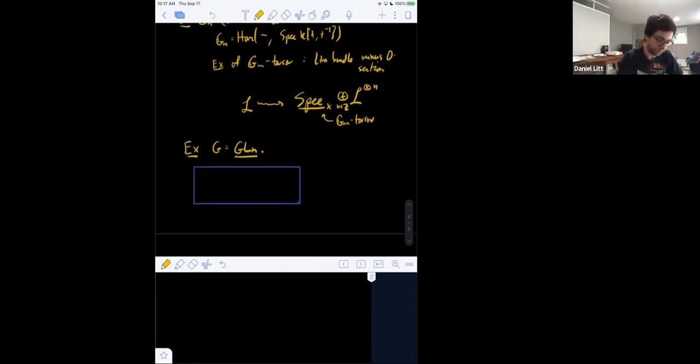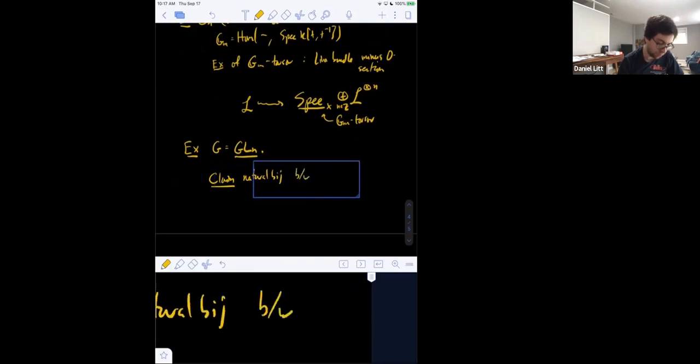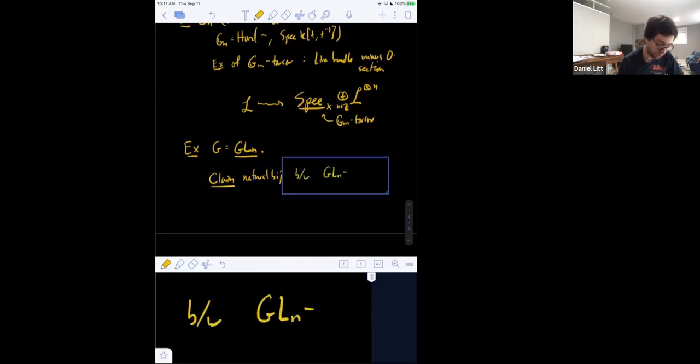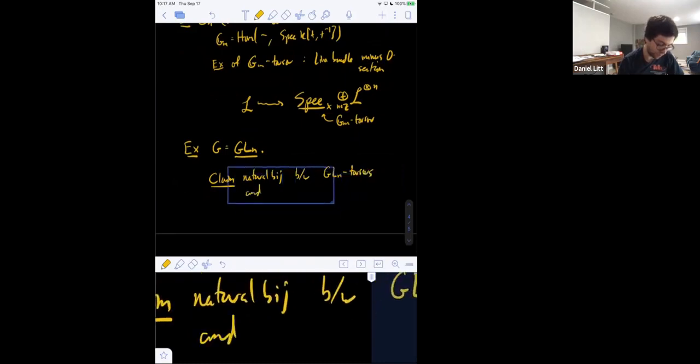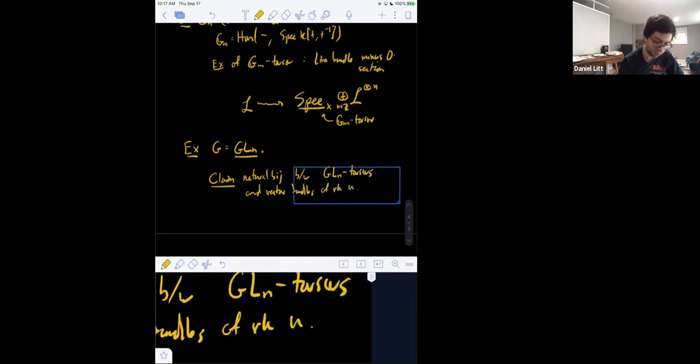So the claim, which I'll talk about in a little bit, is that there's a natural bijection between GL_n-torsors and vector bundles of rank n. So can anyone tell me, in words, what is that bijection?